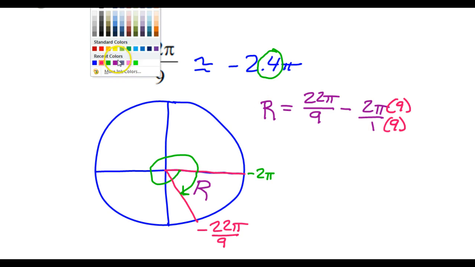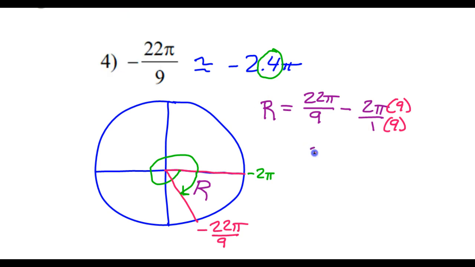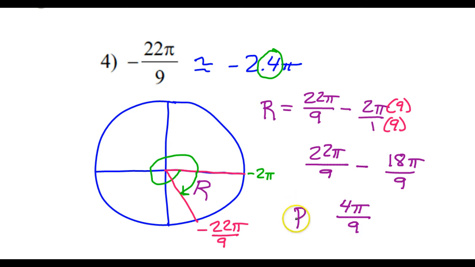So I'm really going to be doing 22 pi over 9 minus 18 pi over 9. 22 minus 18 is 4. So 4 pi over 9. So this is going to be my reference angle. And that is how you find the reference angle when you don't have a special angle to deal with.